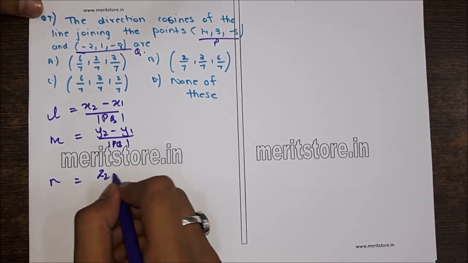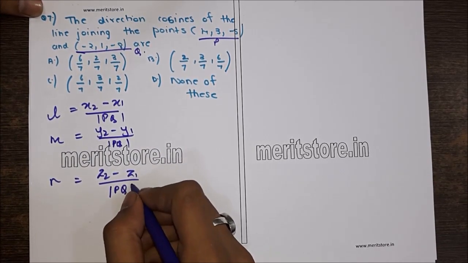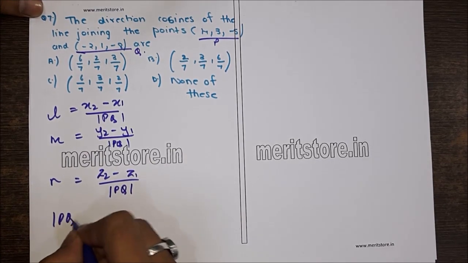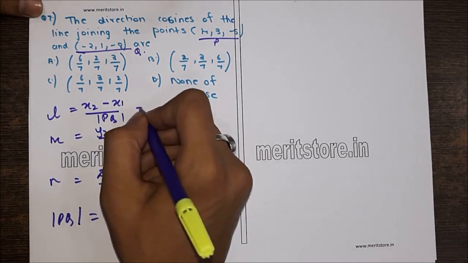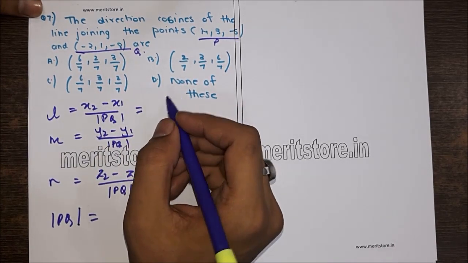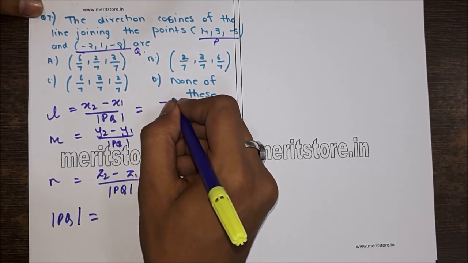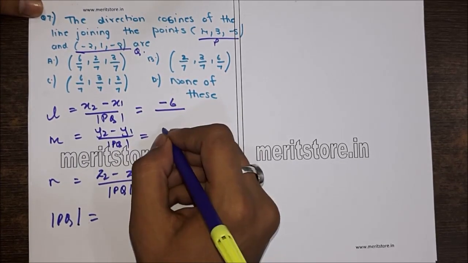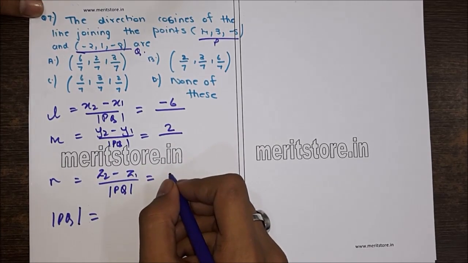and now we know that mod of PQ would be, okay, let's calculate this. Now x2 minus x1 is minus 6, y2 minus y1 is 2, and z2 minus z1 is minus 3.